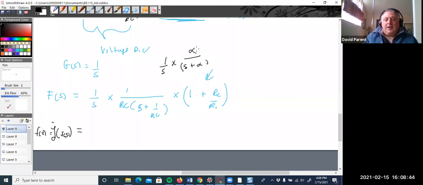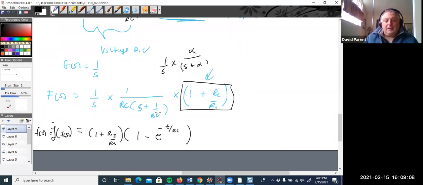And alpha would be 1 over RC. Now that's just a scale factor. So if I take the inverse Laplace of this, that scale factor is just a scale factor. I redraw it. And then this, however you do it, however, this will not be correct for time less than 0. So you have to add back the step.